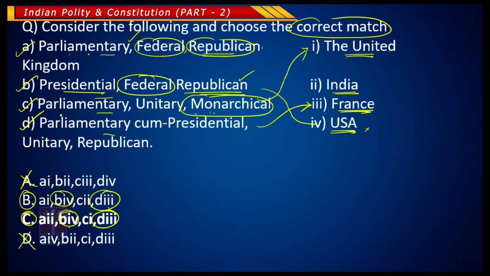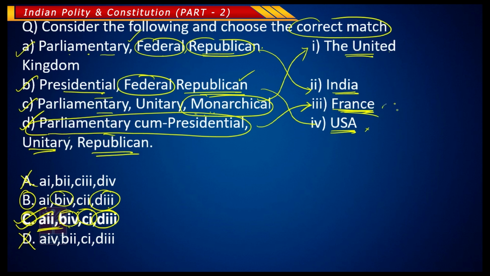So, C is 1. So, answer is C. This is India. Look at France. France is parliamentary cum presidential, unitary and republic. So, France is not a federal country, not a federation.